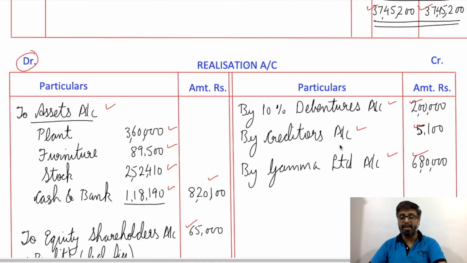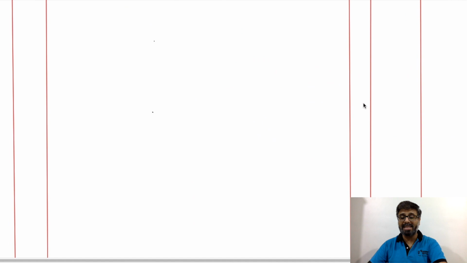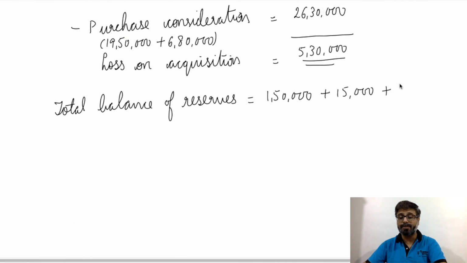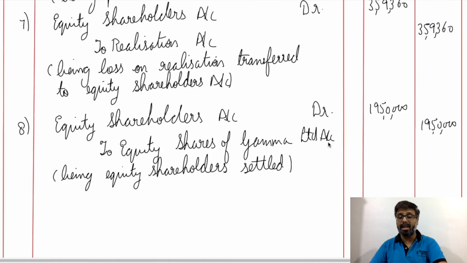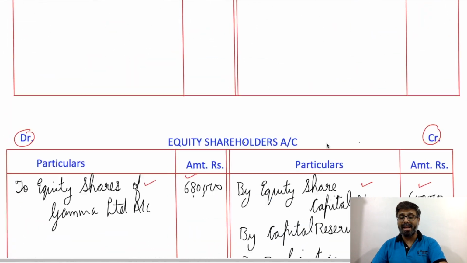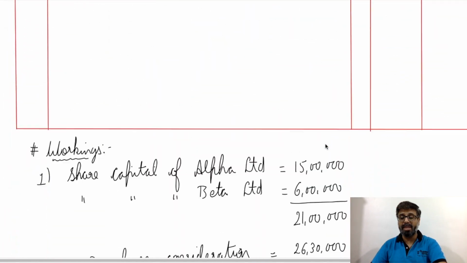Okay, all of you can see that in the balance sheet. And plus 1,89,360 of P&L account.